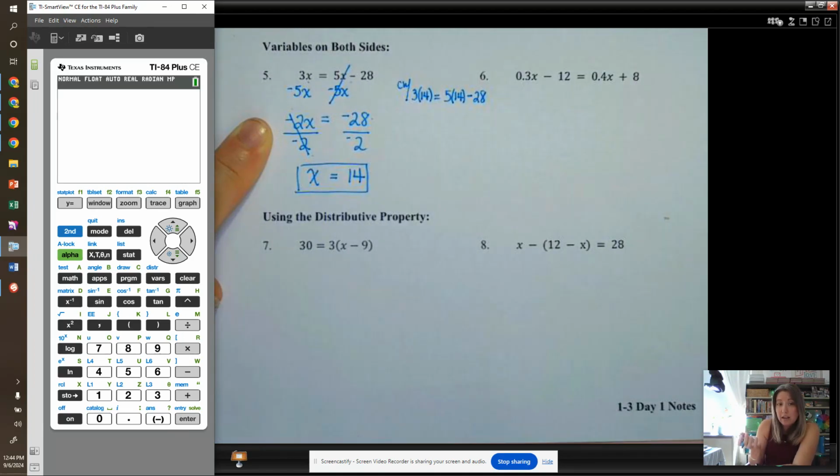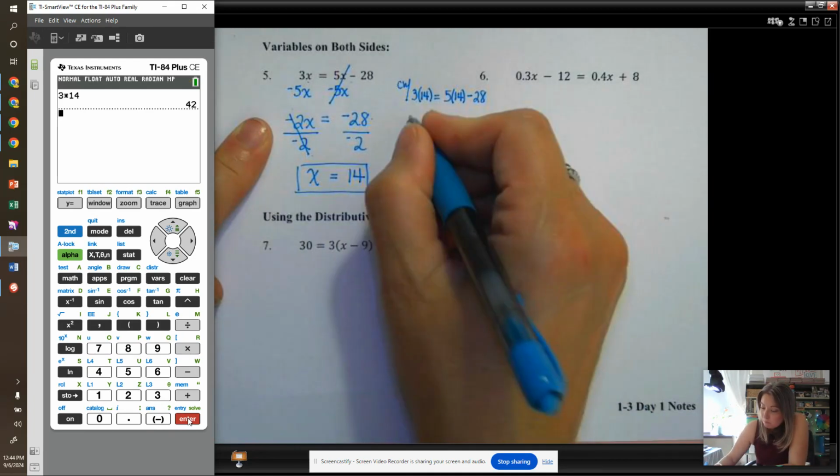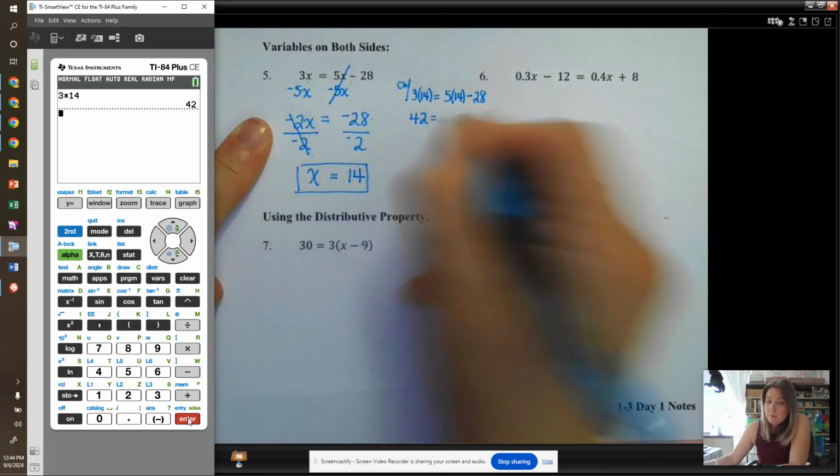Now let's say that you're not great at multiplication by 3, by 5, whatever the case may be, in your head. Feel free to use that graphing calculator to multiply 3 times 14, giving us 42. Okay, so you do not have to worry about things like that in your head.